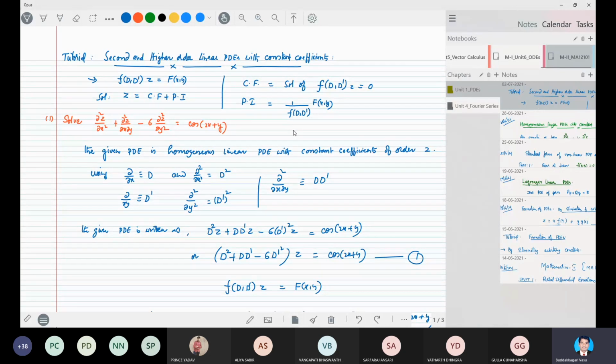A little bit of variation will be observed in homogeneous and non-homogeneous PDEs, particularly in the complementary functions. The rest, the particular integral methodology, is the same for homogeneous or non-homogeneous, right? Yes, sir. Now have a look at solving these equations.